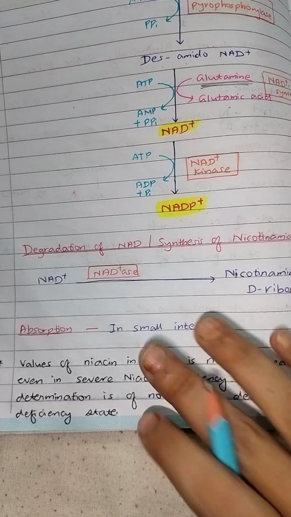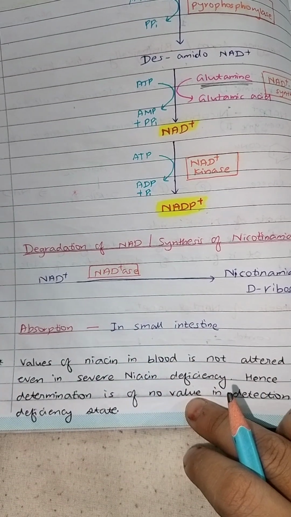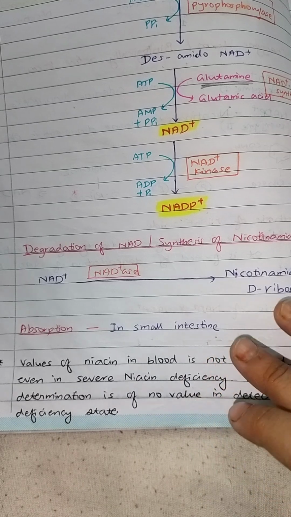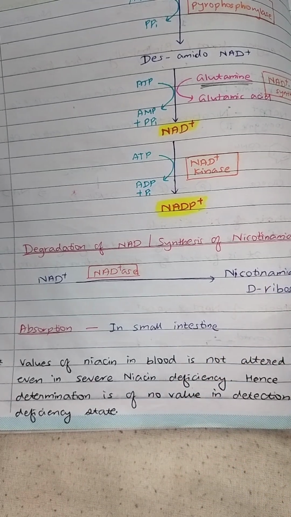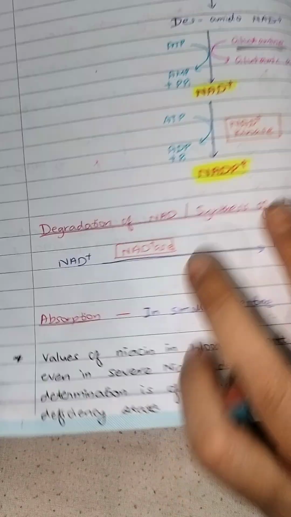But in that case this test is not important, because we cannot detect the exact level of niacin in our blood. This is of clinical importance.